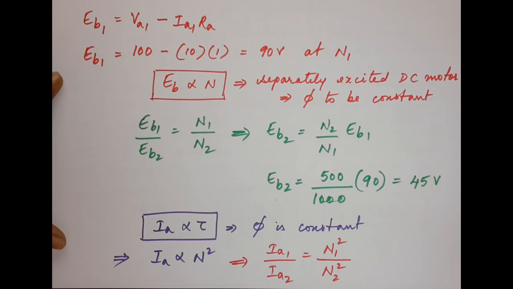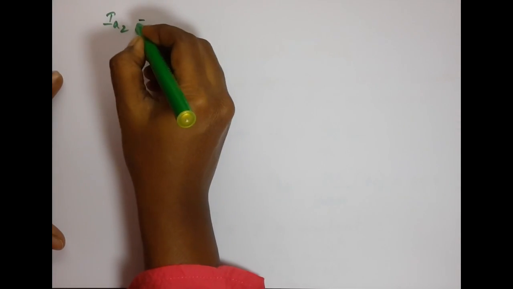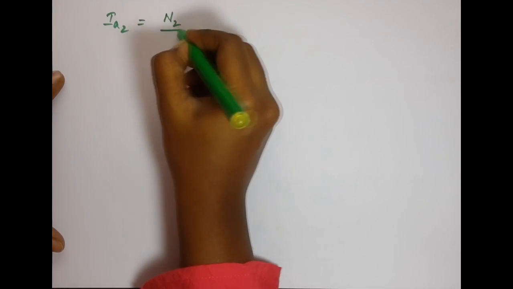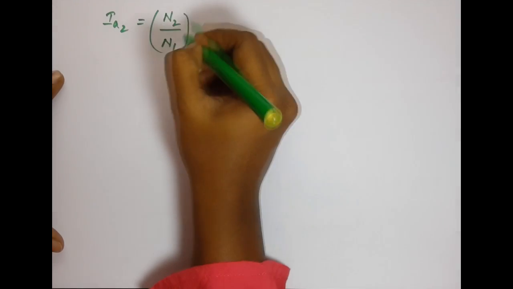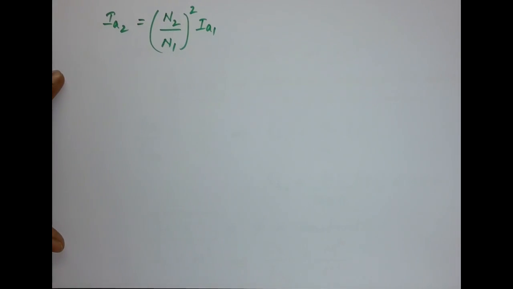So IA2 now equals N2 by N1 whole square into IA1. So this is our formula.